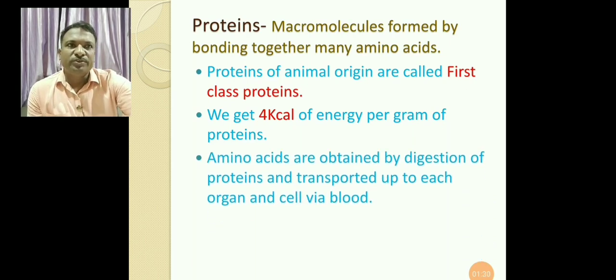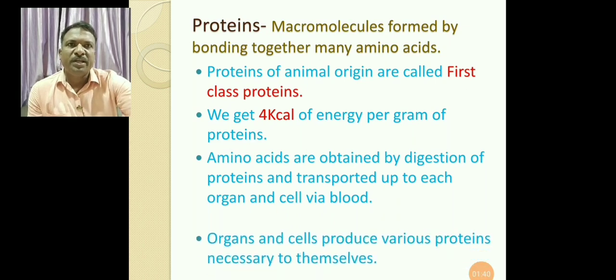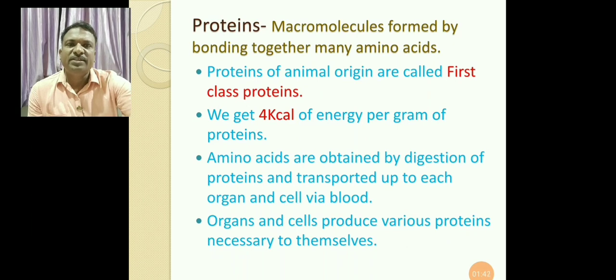The amino acids obtained by digestion of the proteins we consumed are transported to each organ via blood, and these organs and cells can reproduce various proteins which are necessary to them.